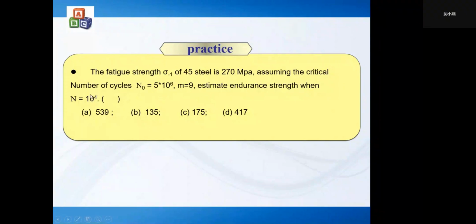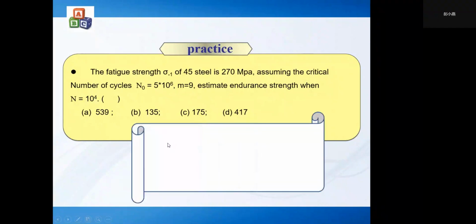So we should calculate the endurance stress sigma minus 1n.